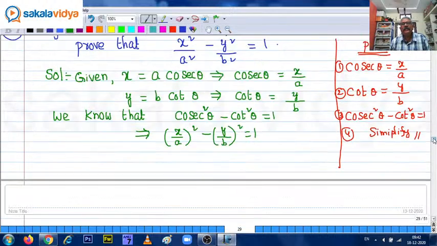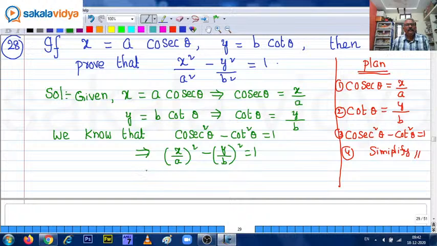So this we can write like this. Therefore, x square upon a square minus y square upon b square equals to 1. Hence, proved.